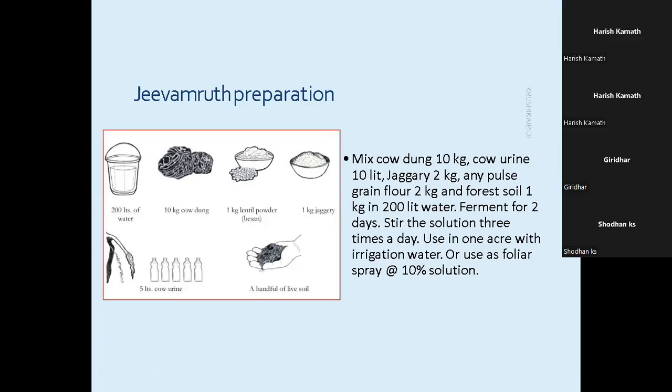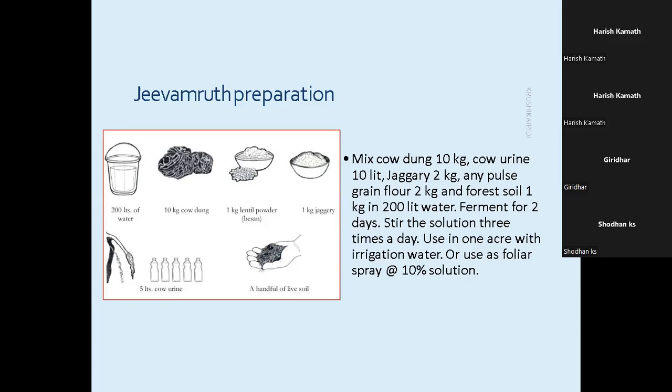Then just turn it clockwise. Then ferment it for 2 to 3 days. You can turn it once in the evening. If you leave it for 3 to 4 days, it will be ready within a week or some 15 days.